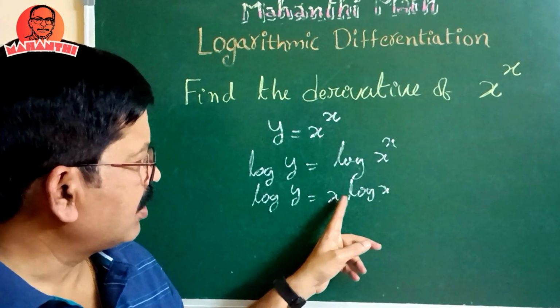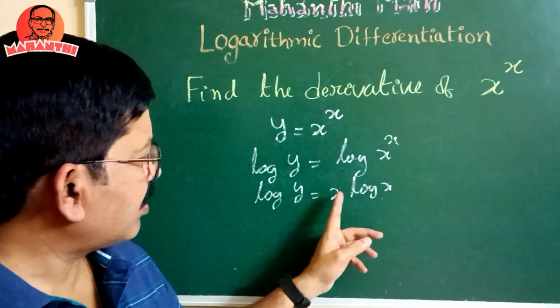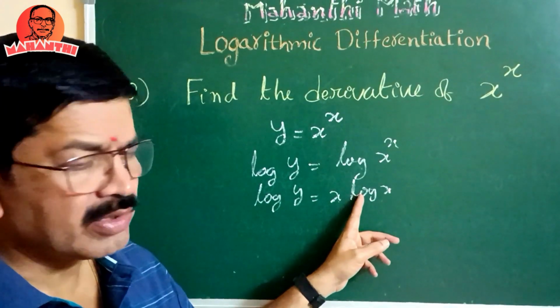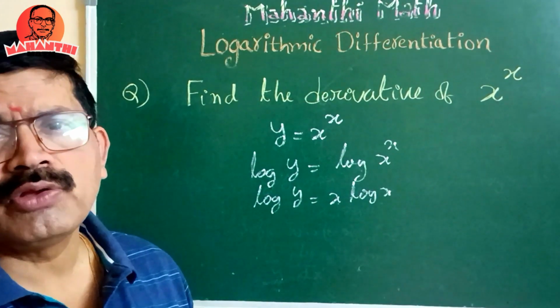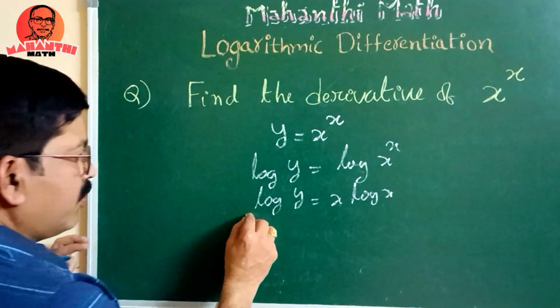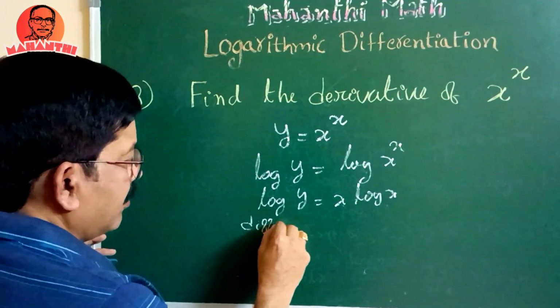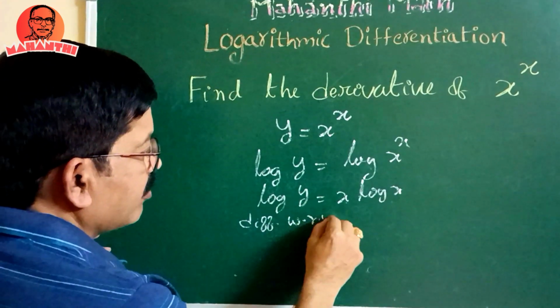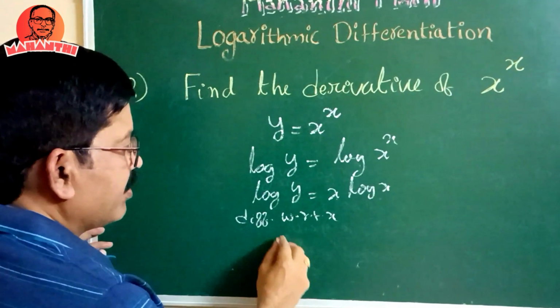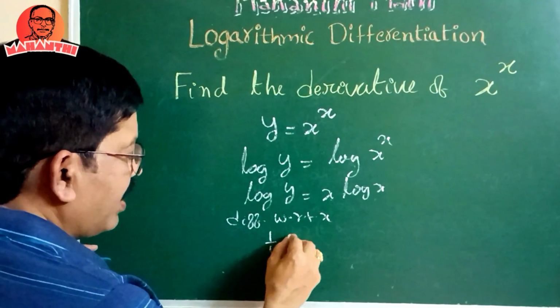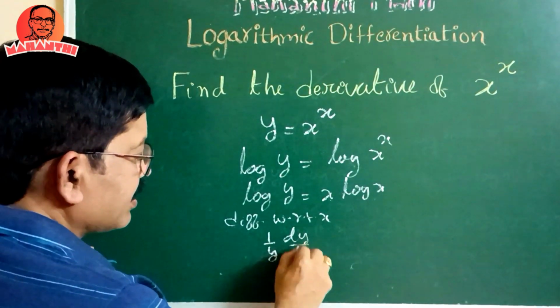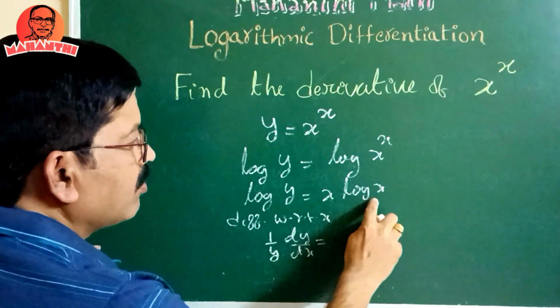So, when the product of two functions is differentiated, you have to use the UV rule. Now you differentiate with respect to x. Log y derivative 1 by y dy by dx into UV rule you have to apply.